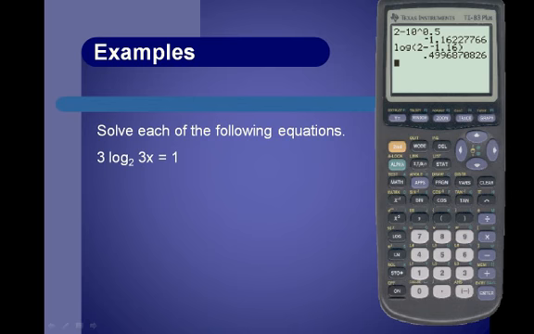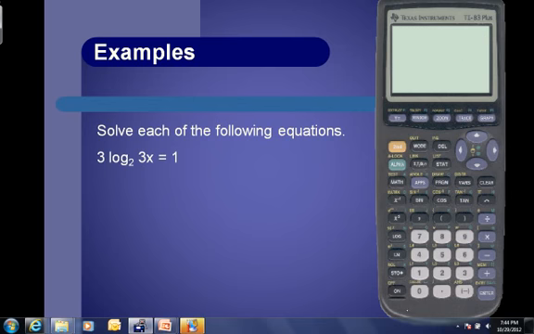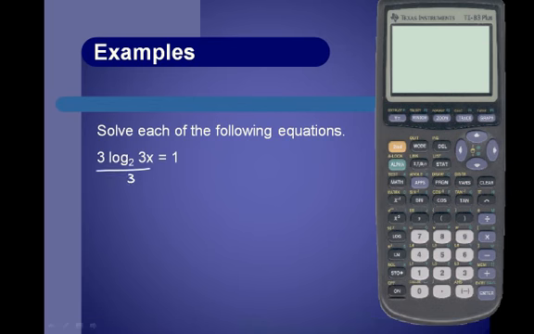Okay, let's do some more. Solve each of the following equations. Well, we want to get the log on the side by itself, so the first thing we're going to do is divide both sides by 3, which would give us the log base 2 of 3x is equal to 1/3.